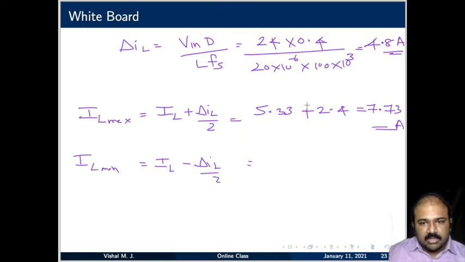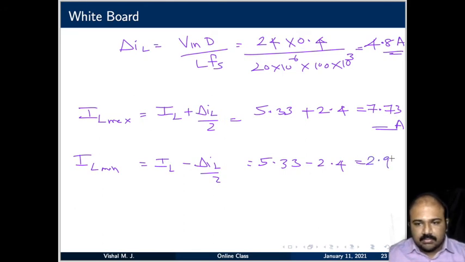So exact same thing, this plus becomes minus. It is 2.93 ampere. So IL max is 7.73 ampere and IL min is 2.93 ampere. So IL min is definitely more than 0. So this circuit is in continuous conduction mode.